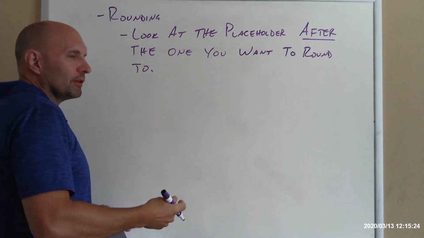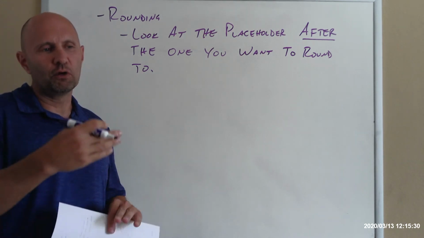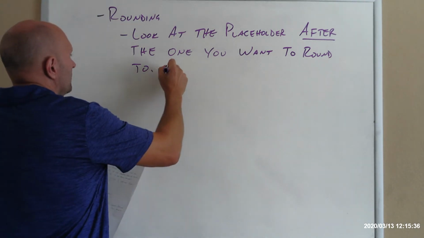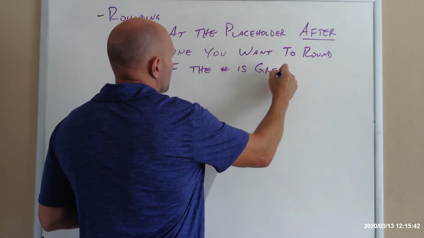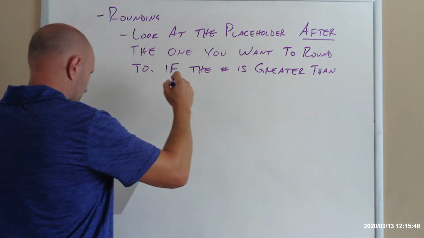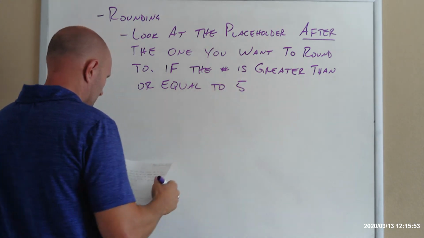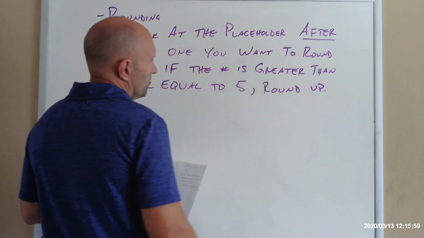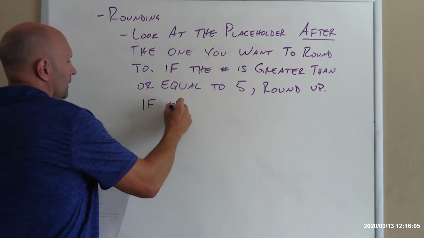When we look at that number, so let's say we want to round to tenths, which is what? The first place after the decimal. So I want to look at the one after that, so at the second position. When I look at that, if the number is greater than or equal to 5, round up. So add 1 to the position before that. If not, if it's 0, 1, 2, 3, or 4, then just leave it.